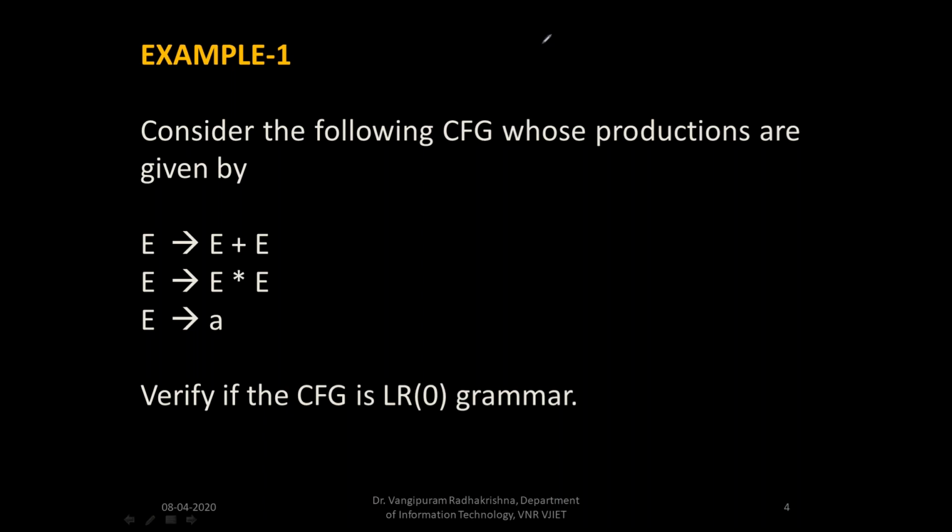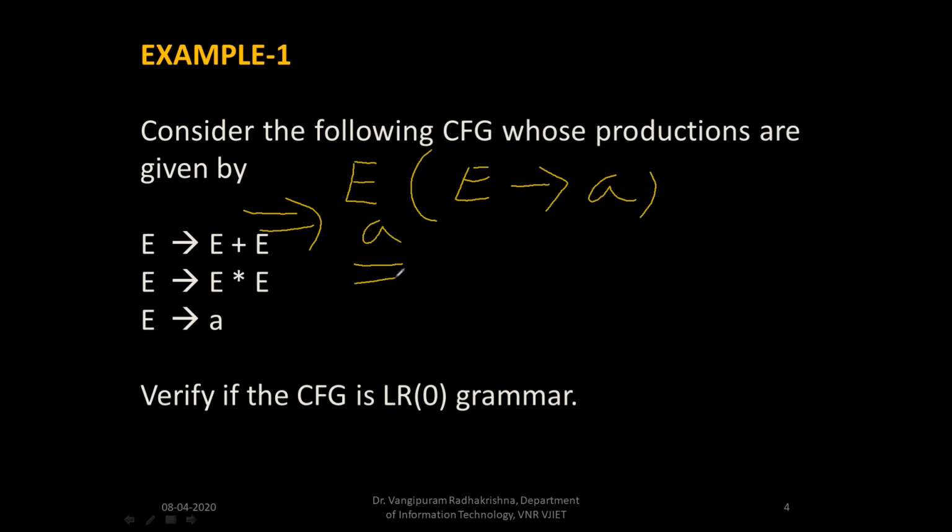Here, take the productions E derives E plus E, E derives E star E, and E derives a. If you start from the non-terminal E, applying the production of the form E derives a, we can derive a string of the form a. The first string which is possible is a.